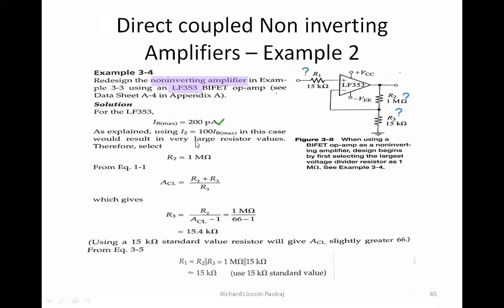So this would result in very large resistor values. Can you just calculate 100 into 200 pico?